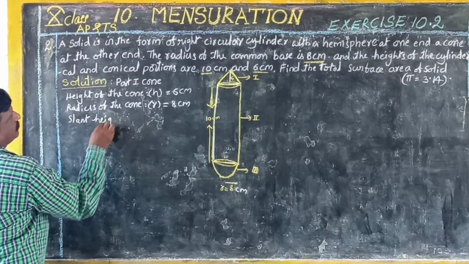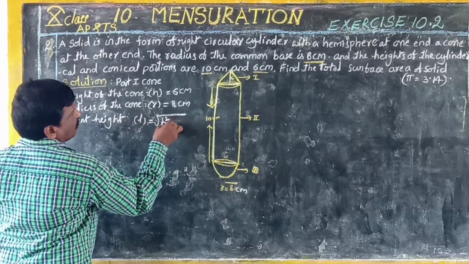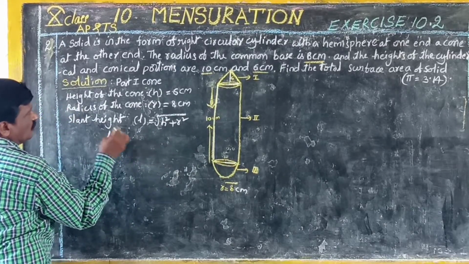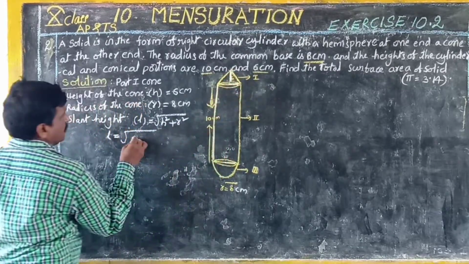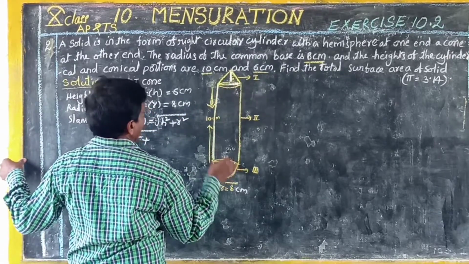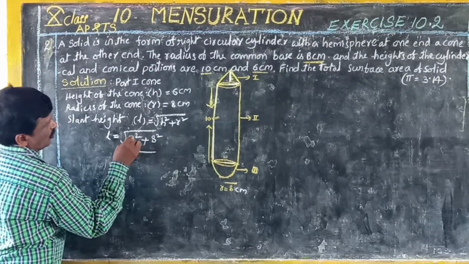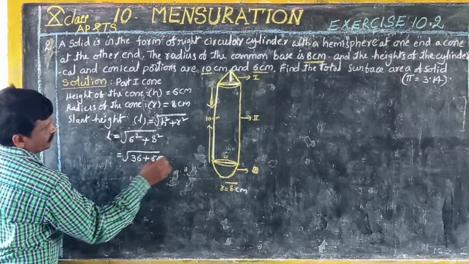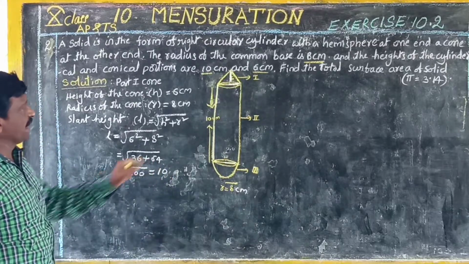Slant height L is equal to root h square plus r square. L is equal to root of 6 square plus 8 square, since the radius is 8 centimeters. 6 square is 36, 8 square is 64, so root 100 is equal to 10. L is equal to 10.